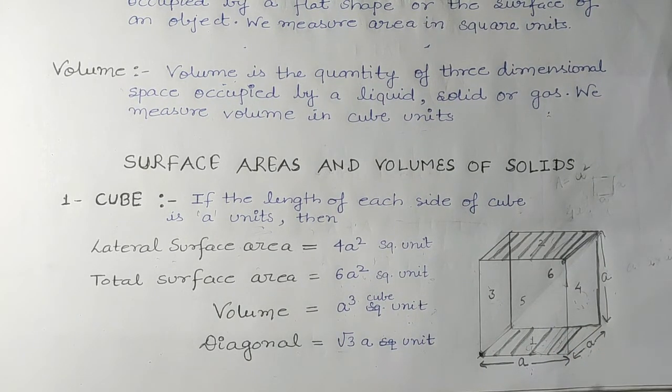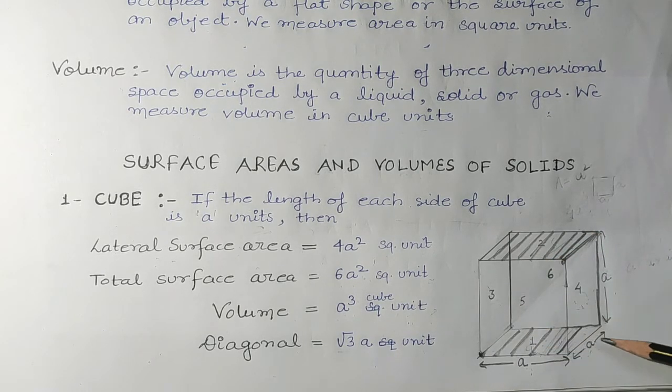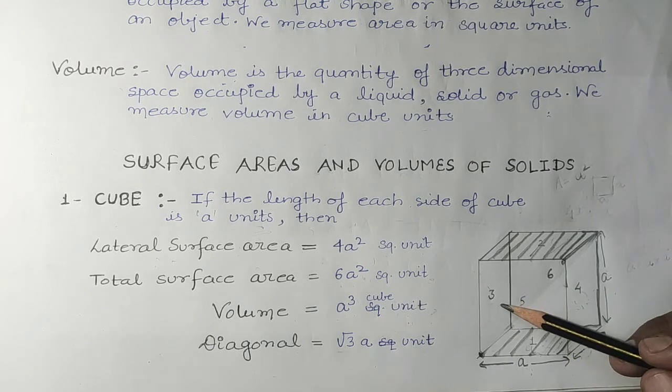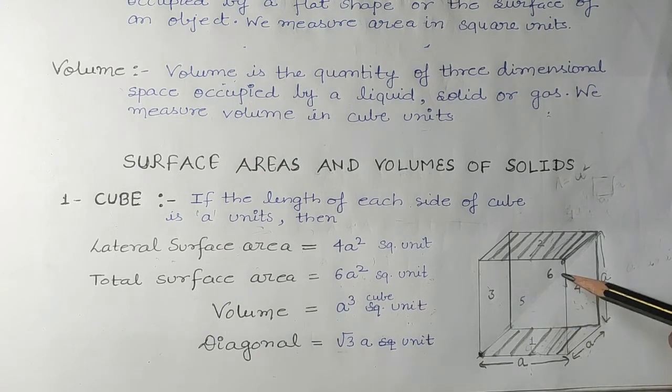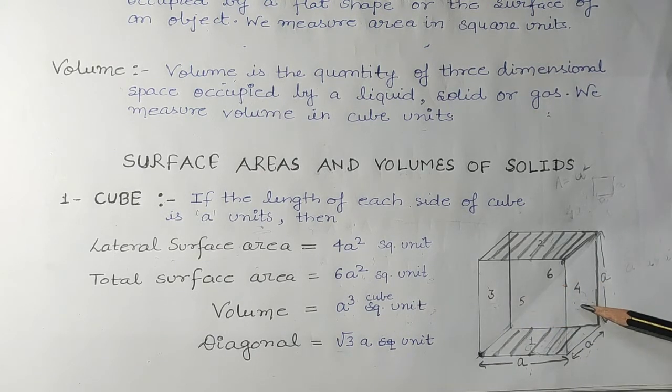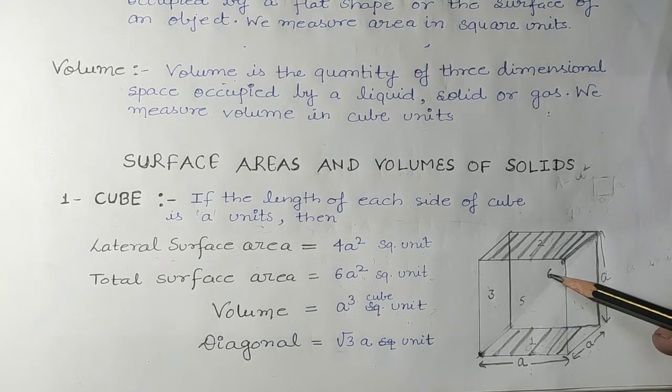So whenever we want to calculate lateral surface area, we will just exclude the area of top and the area of bottom from the whole 6 surfaces. Okay, so if we exclude the areas of top and bottom, then what surfaces are left? The surfaces 3, 4, 5 and 6, means the side walls and the front wall and the wall behind the front wall are left.